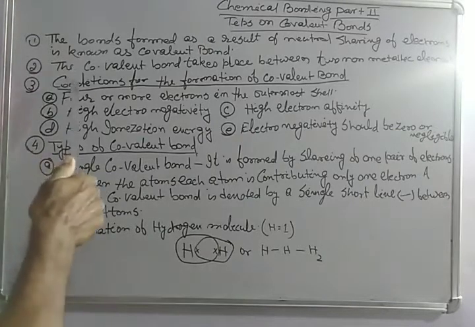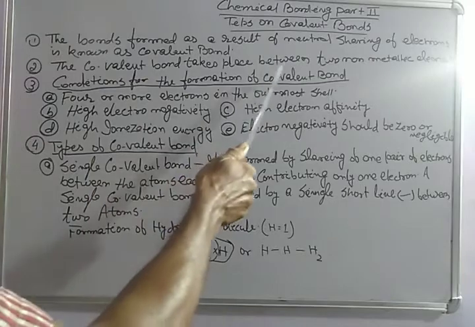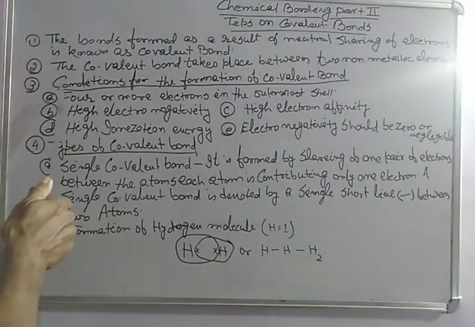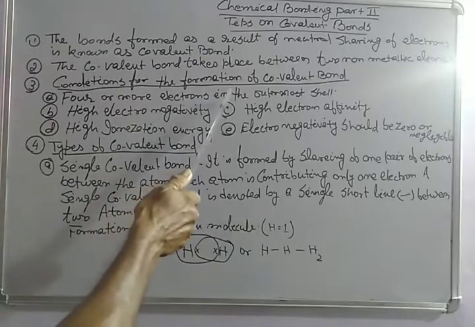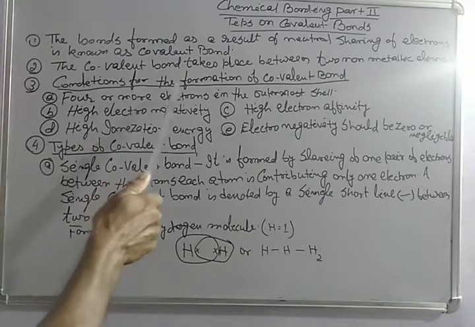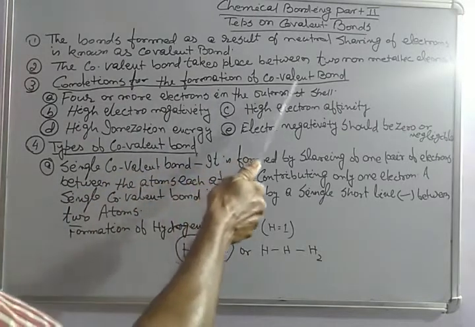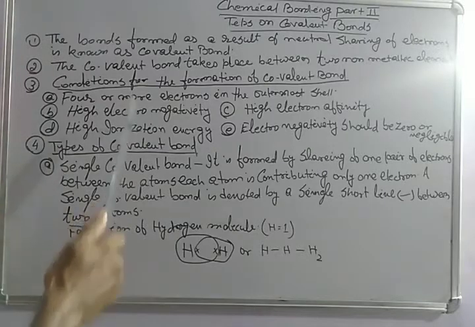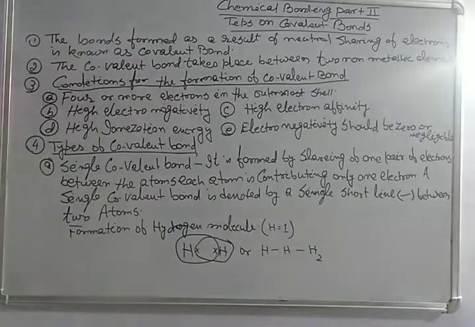Number 3: Conditions for the formation of a covalent bond. First, 4 or more electrons should be in the outermost shell. Number 2, high electronegativity.